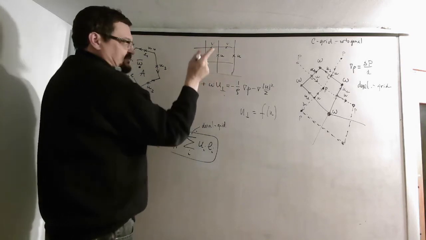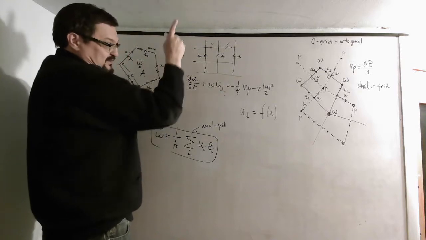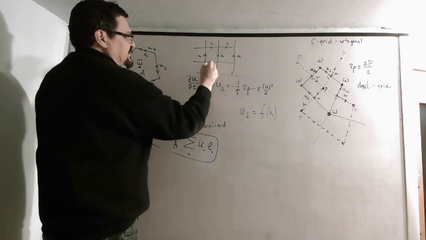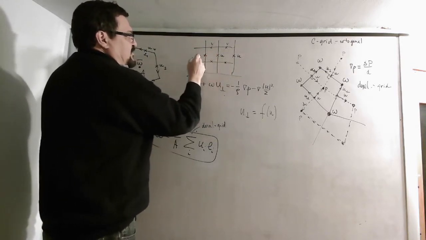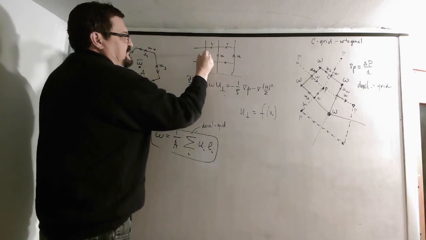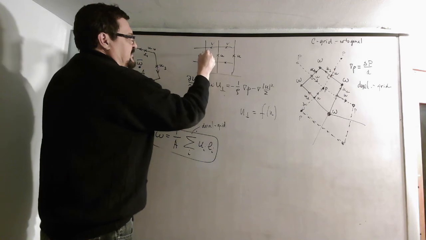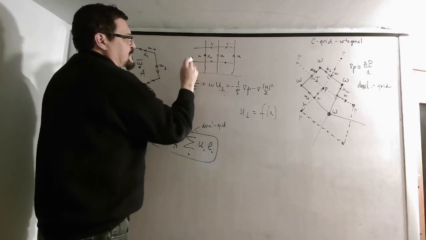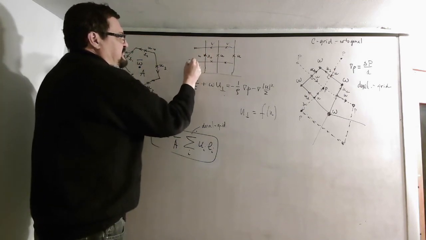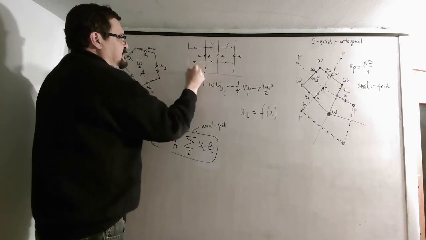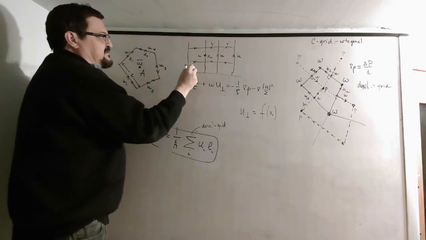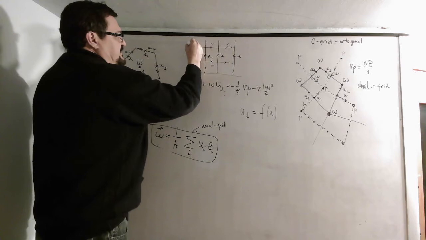For u, because v is looking this direction, u is looking that direction. So this u perp can be easily estimated by these surrounding vectors v.